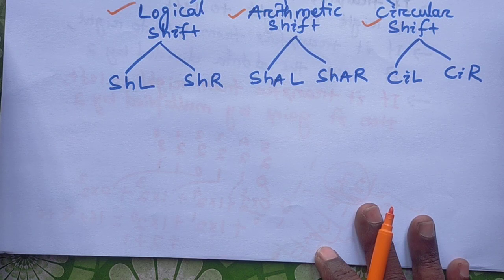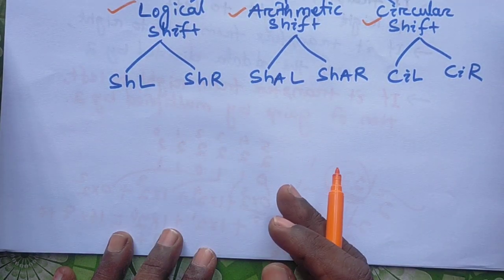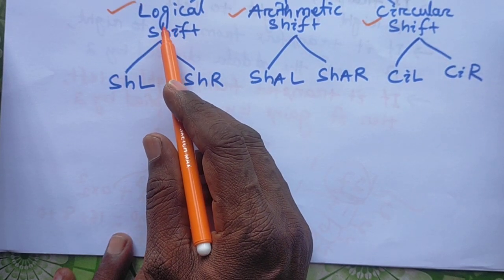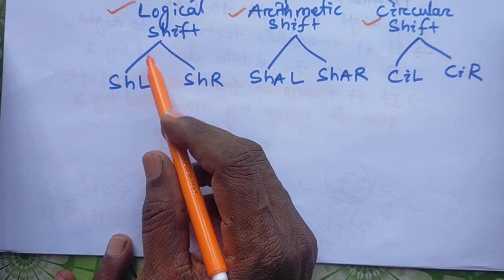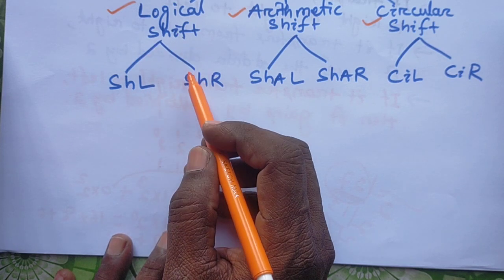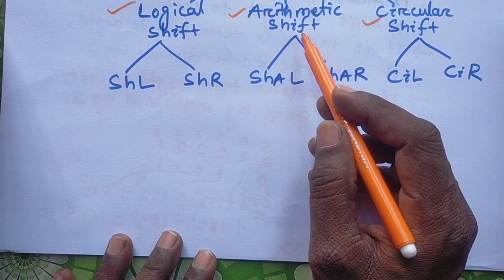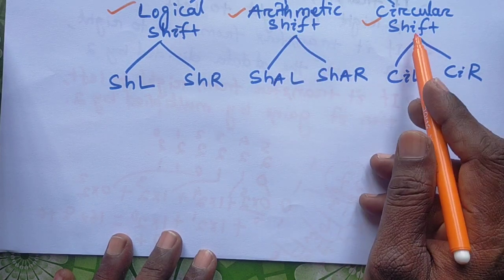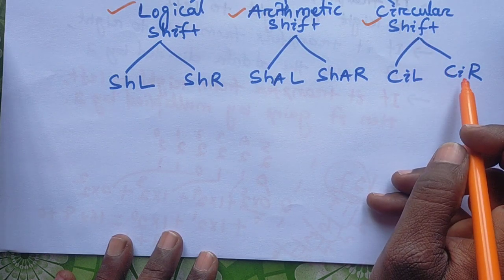So for that reason, for each category of shift micro operation we consider both left to right and right to left. So here you see, first one logical shift left, similarly logical shift right. Similarly we can consider arithmetic shift left and arithmetic shift right, circular shift left and circular shift right.